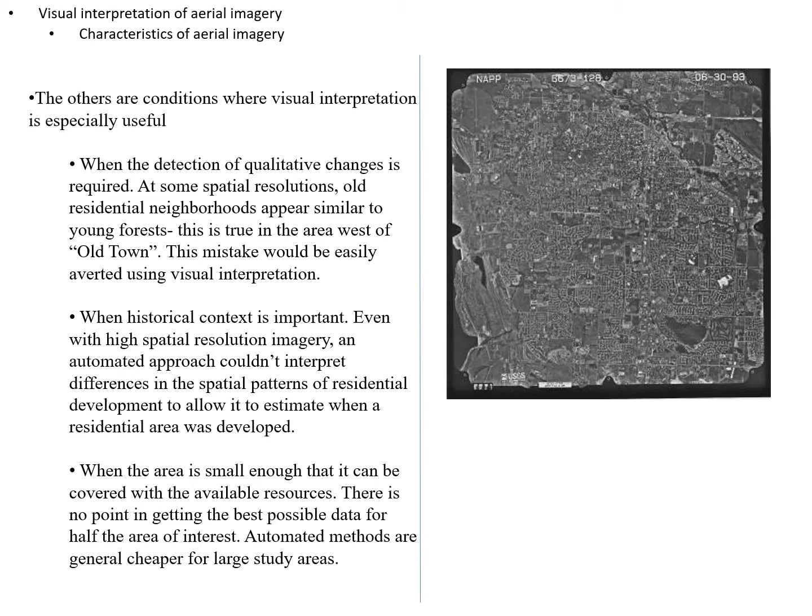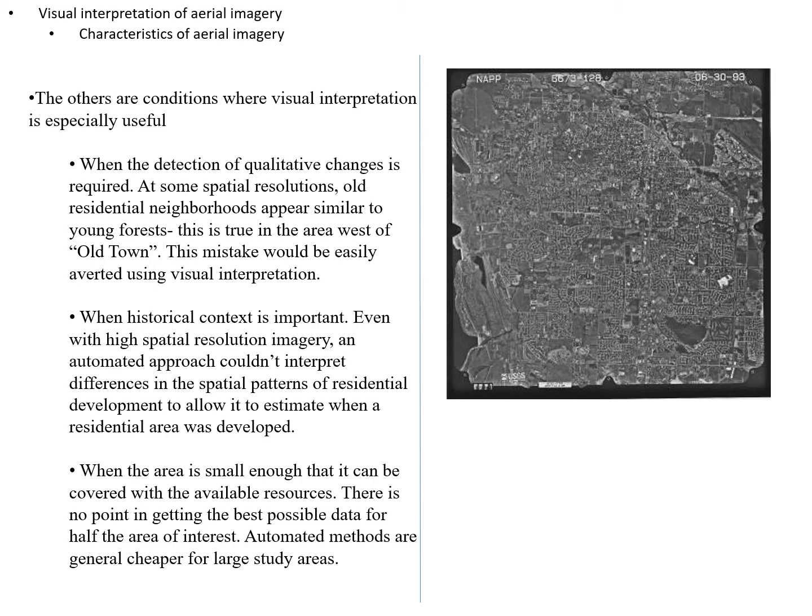So if you think of the area west of Old Town in Fort Collins, and some areas in Boulder, the older areas, you have very high percent tree cover. And so a naive automated classification might tell you that that's young forest. That's not a mistake you're likely to make if you're actually doing visual interpretation.